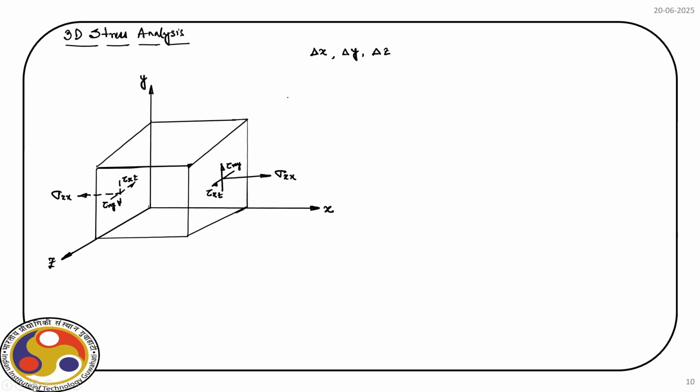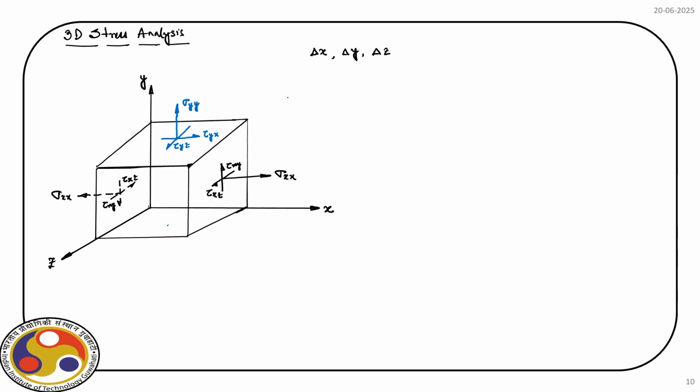Similarly, on this face let us use a different color. On this face we have sigma yy and there are two more shear stresses. So, this one is tau yx, obviously it is equal to xy, and then this one is tau yz.